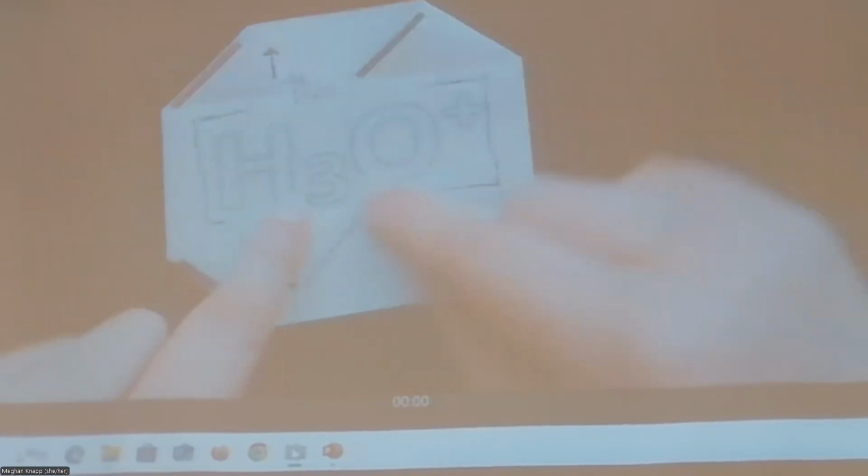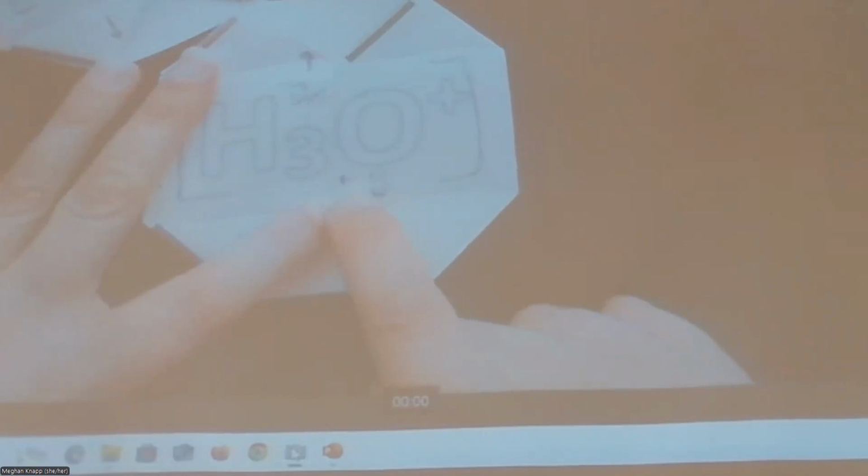Now, the other place you can go from hydronium is to get to the concentration of hydroxide. So to do that, we're going to pull to the inside. I have an arrow here pointing to the inside, and it's Kw over this concentration.